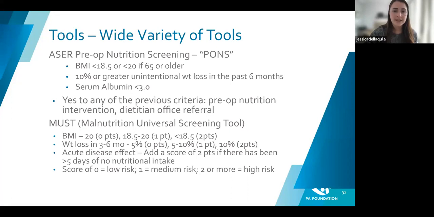The one thing I will say is, out of all of the history questions you can ask a patient, I do think unintentional weight loss over a certain period of time is probably the most important, and that should cue you into either doing a more in-depth workup or getting a dietitian consult started for the patient.